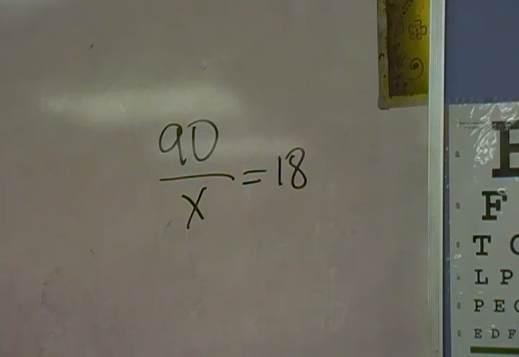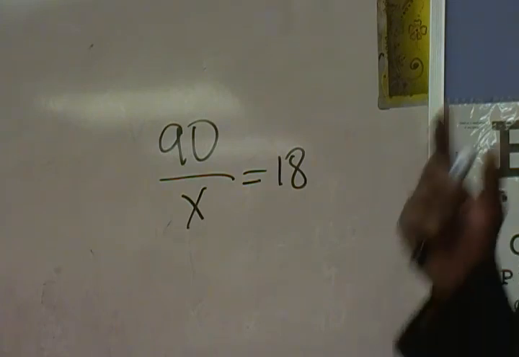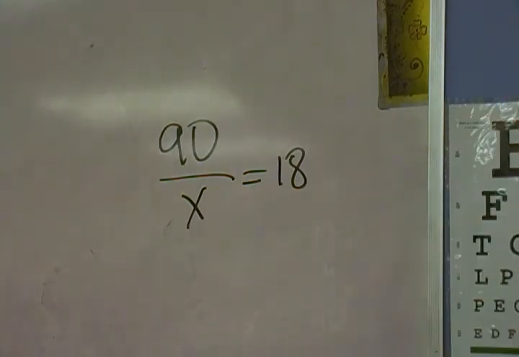All right, did y'all figure out how to work this one out? You got 90 divided by 18. This one is a brain teaser, right? You know how to do this one? I'll divide.